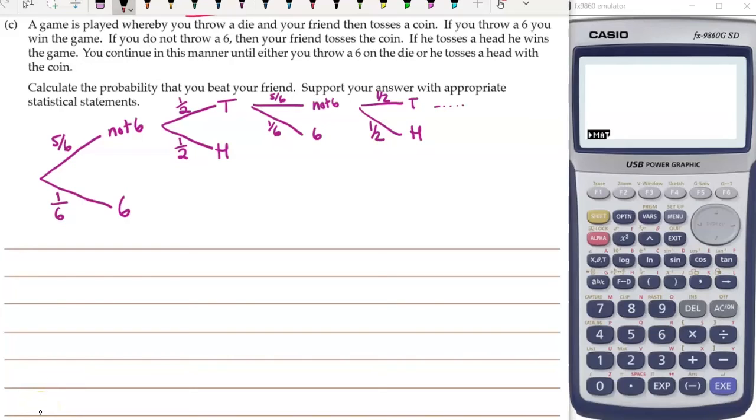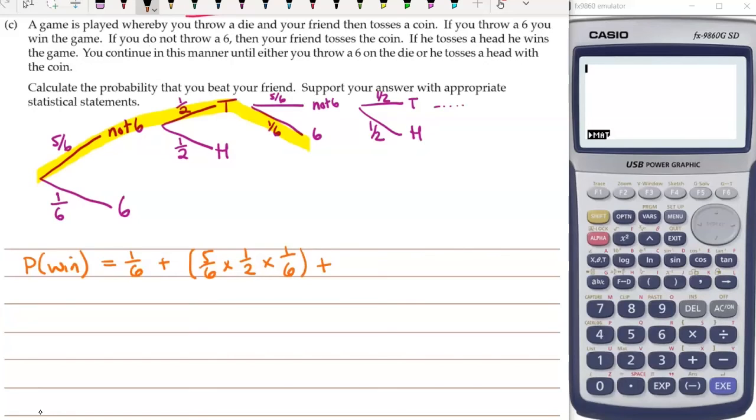So then thinking about the probability of getting a win from you doing the dice part of the game, you could either win from this first branch here of getting the 6, or the next place you could win would be this branch here. If you don't get a 6, then he gets a tail, and then you get a 6. The chance of that one happening would be 5/6 times a half times 1/6.